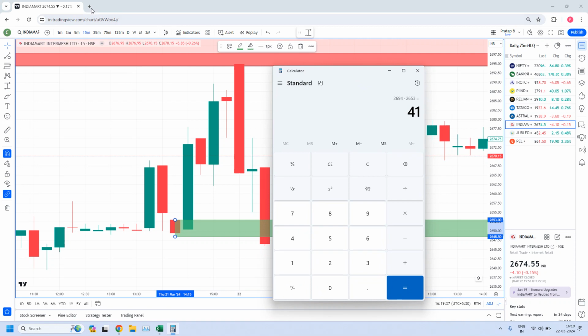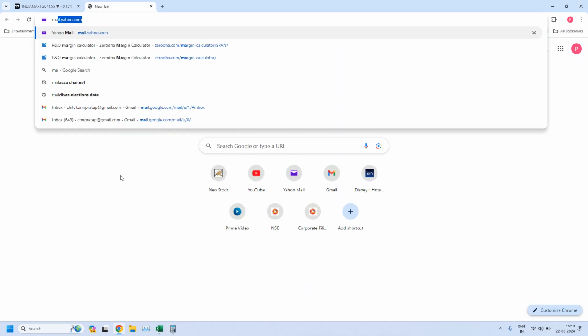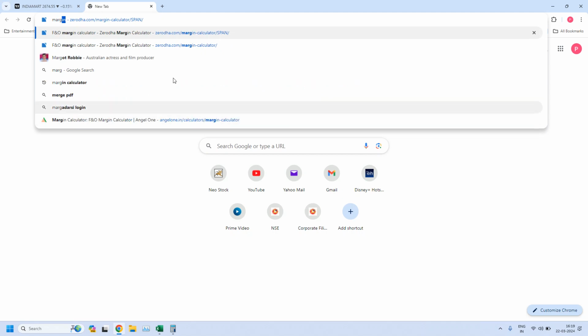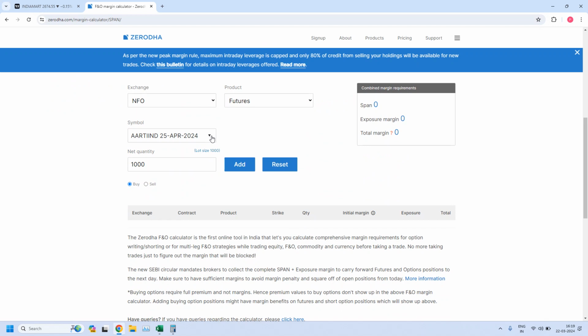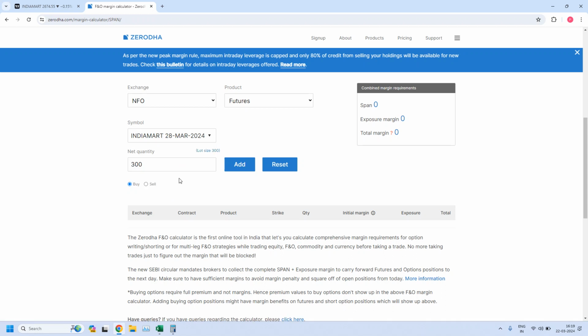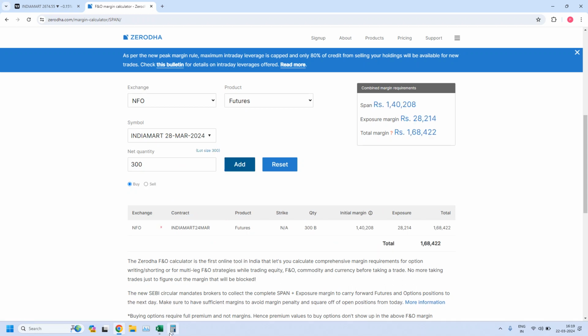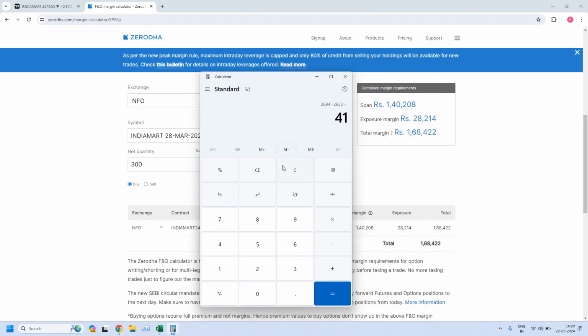India Mart. How much profit would you have got? 300 is the lot size.